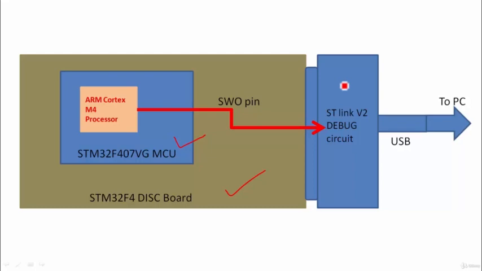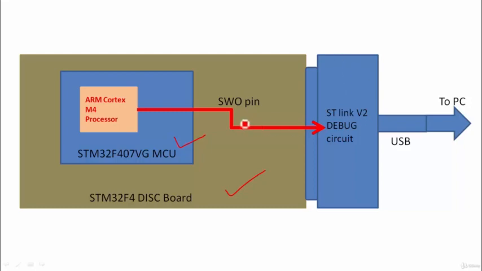Through it, you write your program to the internal flash of the microcontroller, read various memory locations, and make the processor run or stop. All those debug related activities you do with the help of this debug circuitry present on the board. The debug circuitry talks to your PC over a USB connection.